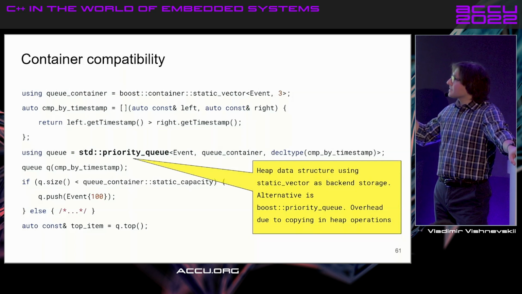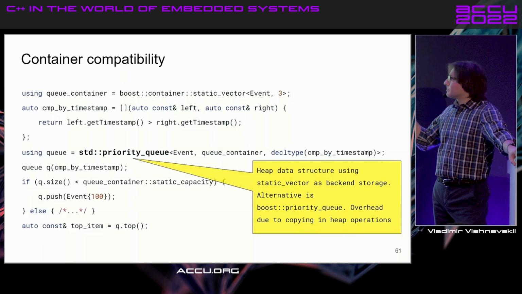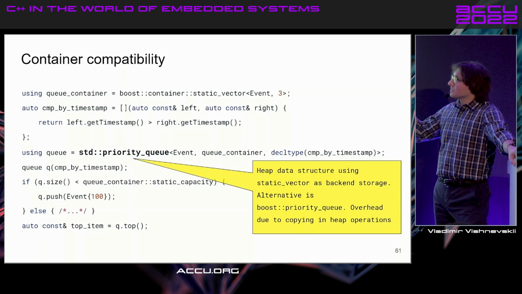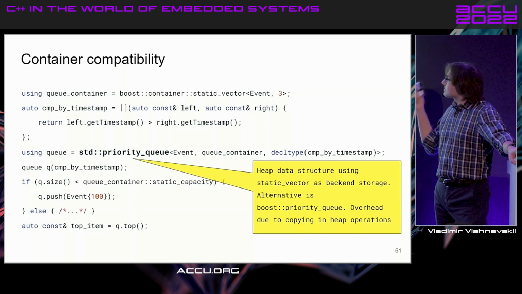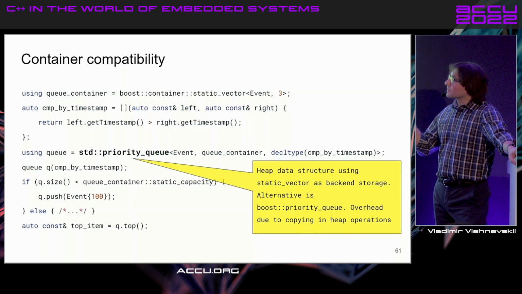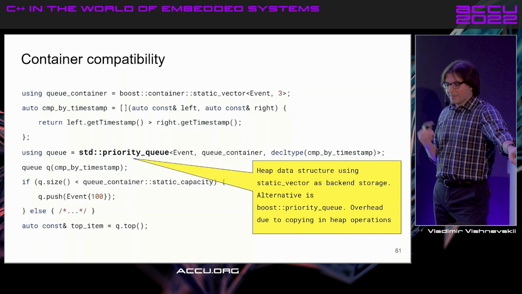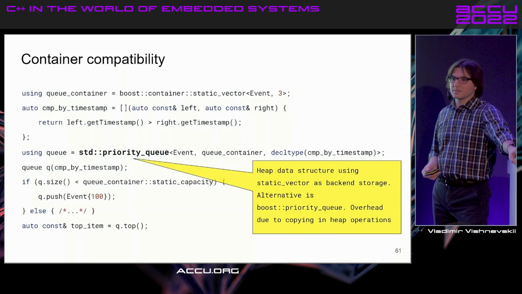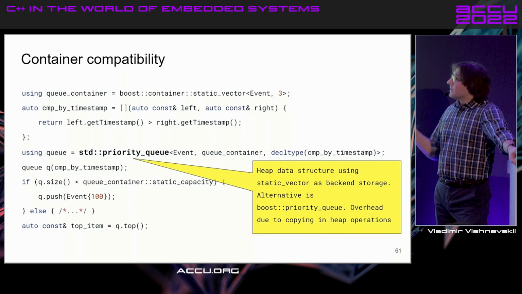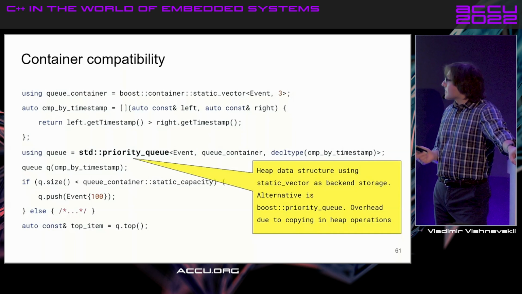In our case, this priority queue is responsible for sorting. It needs a backend where it really stores the data, but all the sorting algorithms are implemented in this adapter. Our static vector works for this.